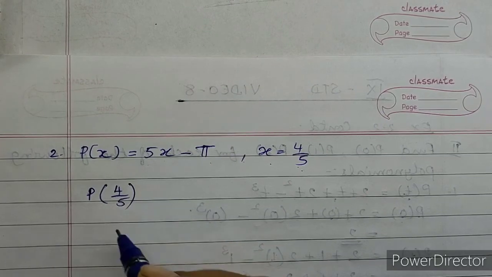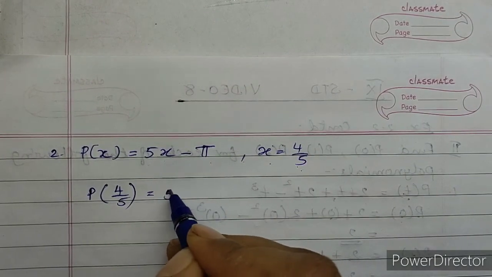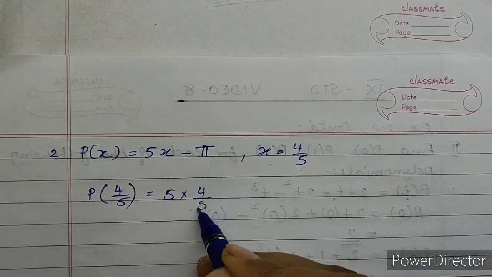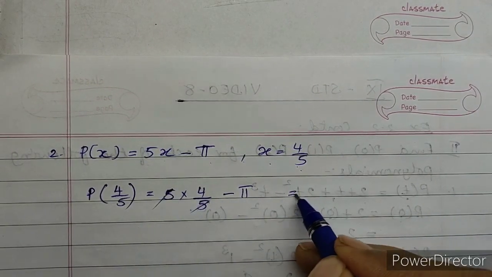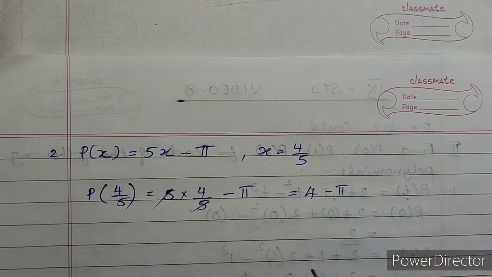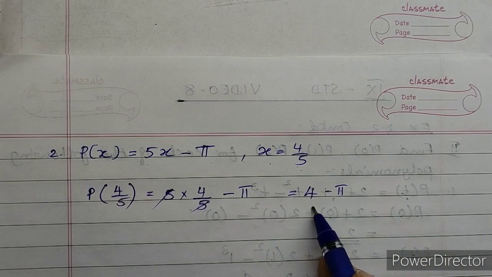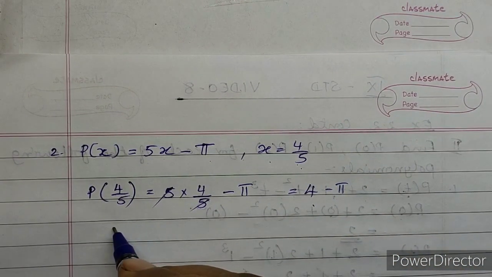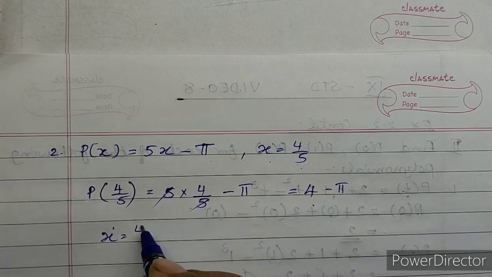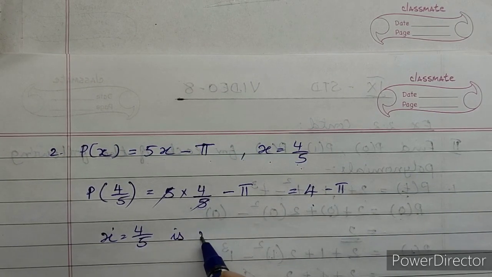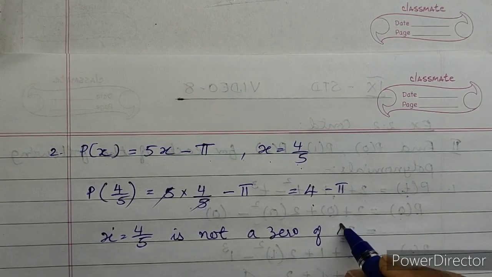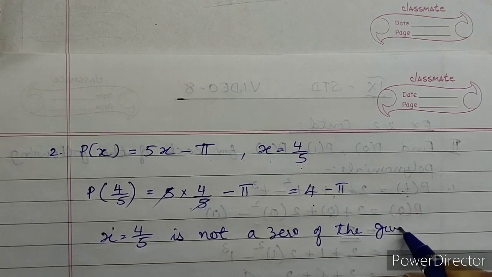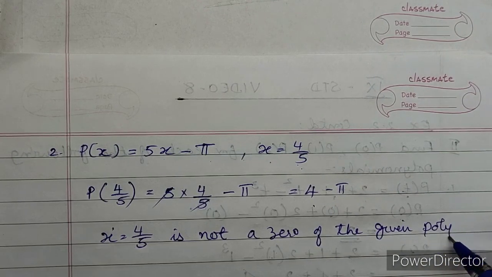Instead of x, put 4 by 5: 5 into 4 by 5 minus pi. 5 and 5 get cancelled. 4 minus pi is the answer. This is not 0. So x equals 4 by 5 is not a 0 of the given polynomial. So that is the answer.